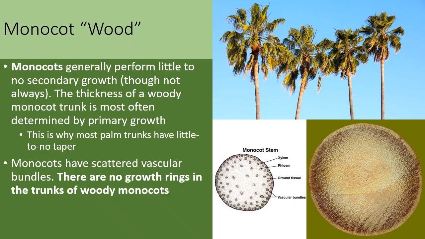So it's debated whether or not palms are really even trees or whether they really have true wood. That's why I've got monocot wood in parentheses for the title of the slide. It's kind of debatable, and depends on your viewpoint about what wood really is.